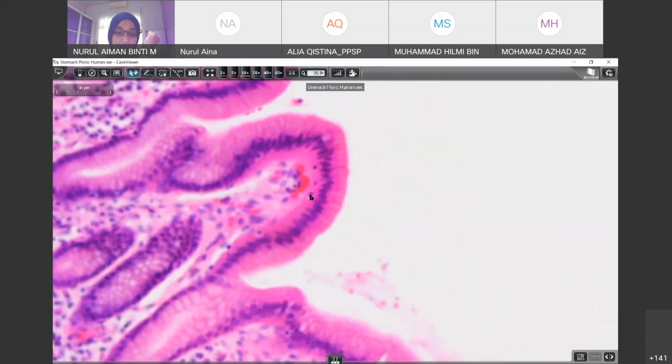Even though it's a little bit blurred, you can still appreciate the nucleus, which is basophilic in stain, and the cytoplasm, which is eosinophilic in stain, where it's abundant at the apical portion. So this is the basal lamina of this simple columnar epithelium. It's not pseudostratified, it is not stratified, because you only have one layer of nuclei here.